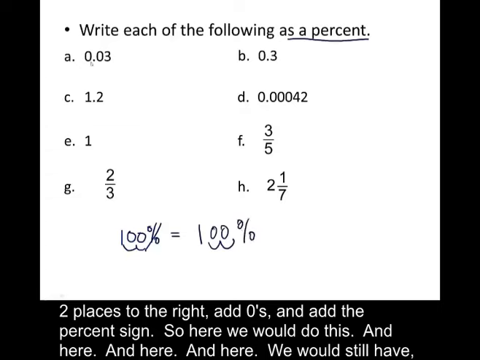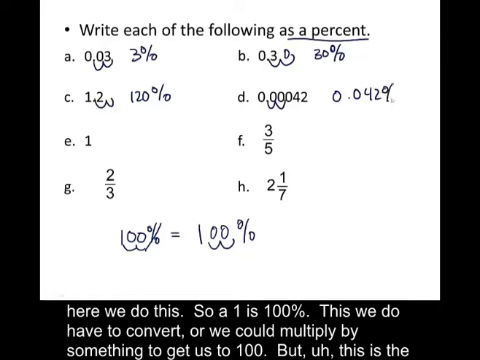So here we would do this, and here, and here, and here we would still have, here we do this, so a 1 is 100%.